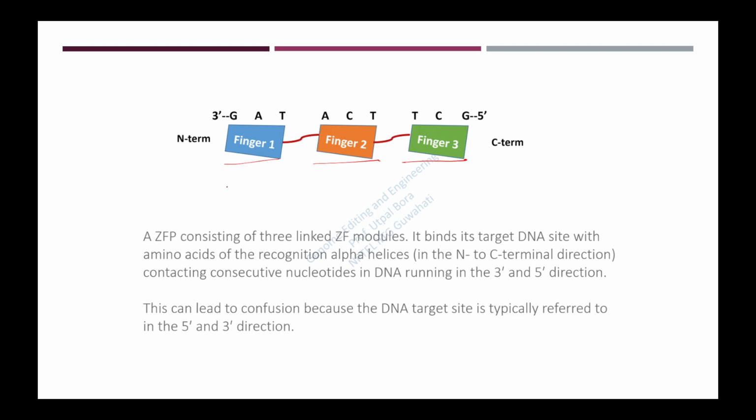As I mentioned, a finger-like structure is 30 amino acids. Out of 30, usually 25 are involved in making the finger-like structure, and the remaining 5 usually work as a linker to join it with the other finger-like motif. 5 out of 30, this is a generalized way.